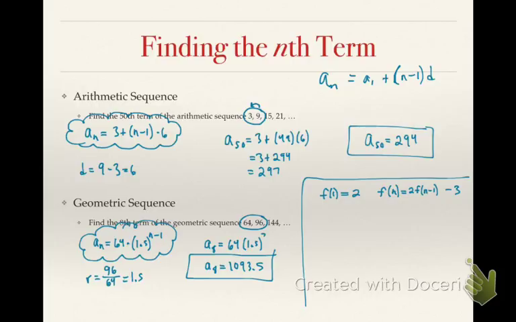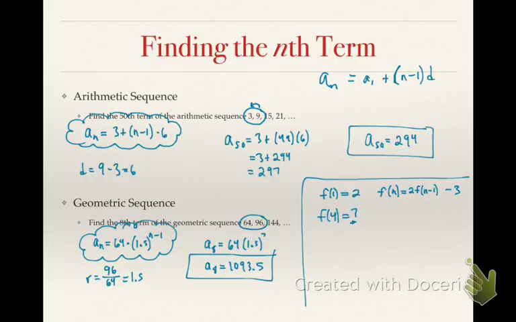Let's say the question is asking, what's the 4th term in the sequence? You can't just plug in 4 with a recursive formula, because recursive is always based upon the previous term.